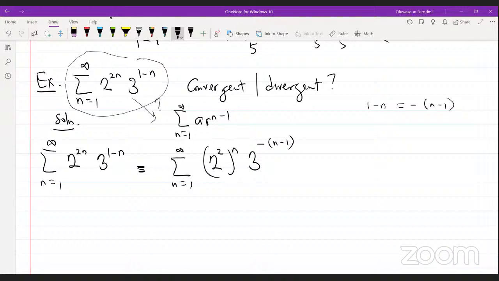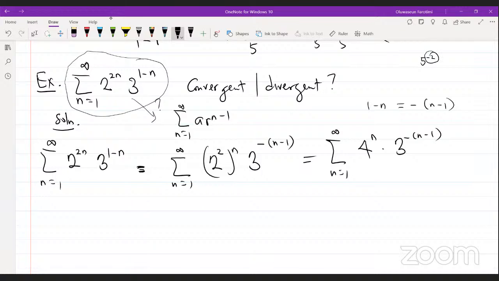It's getting interesting. So what can I see? I see that what is 2 squared? 2 squared is 4, right? Now 4 to the power of n. And then you have 3 to the power of negative n minus 1. Can I ask you a question? If you have something like 5 to the power of negative 2, what happens?